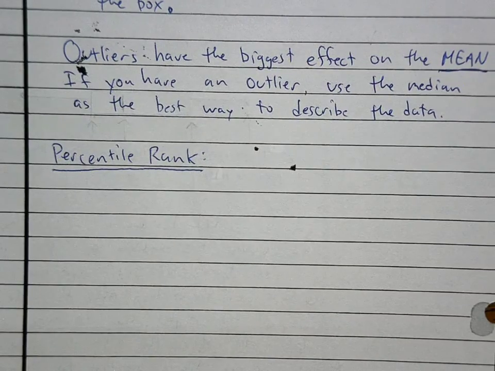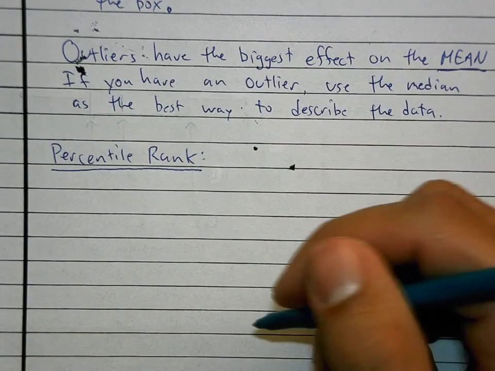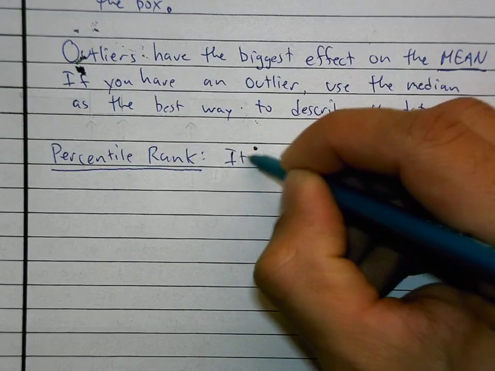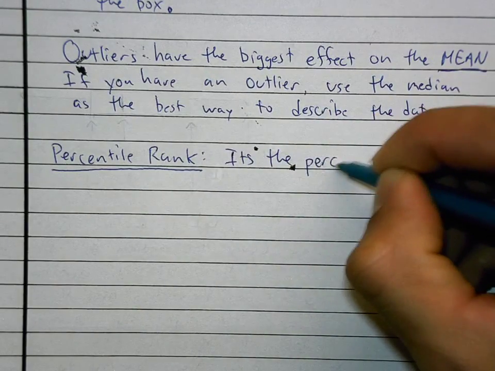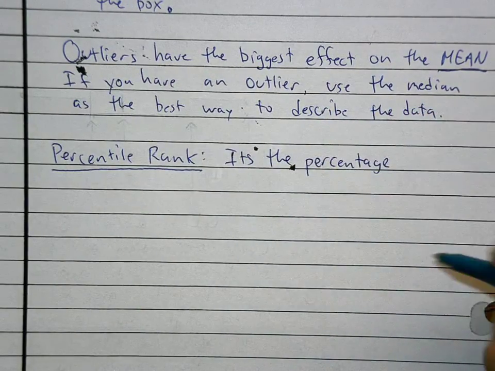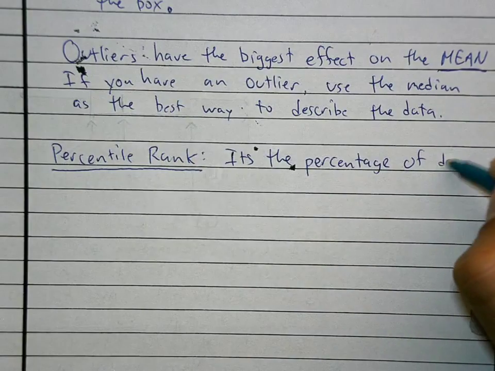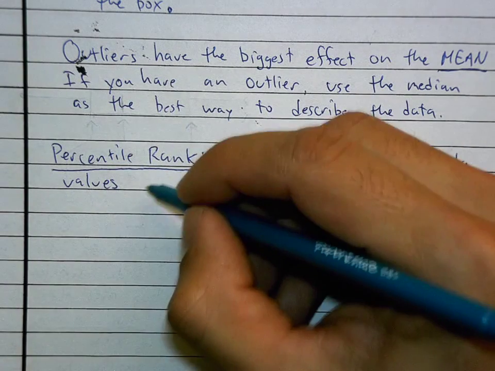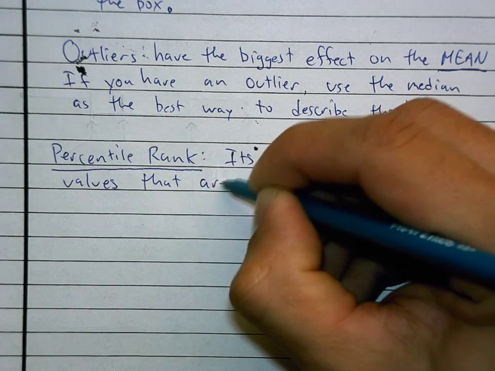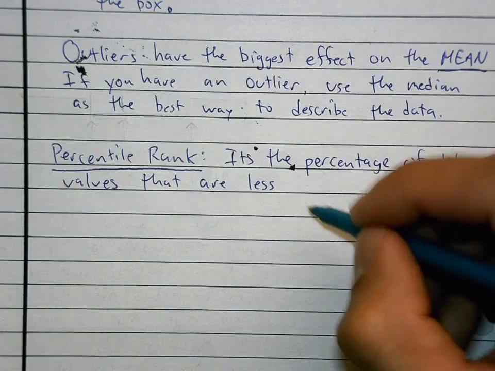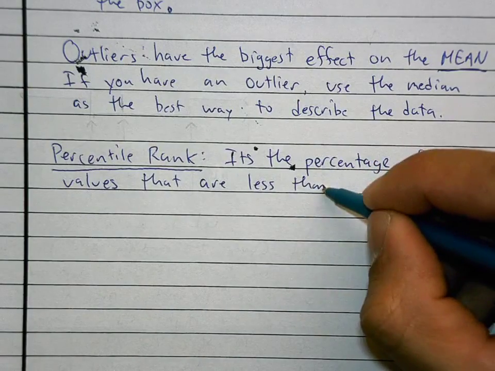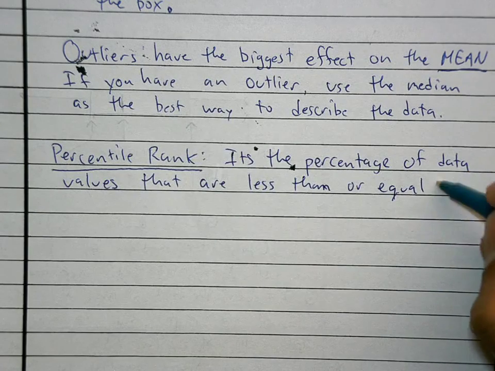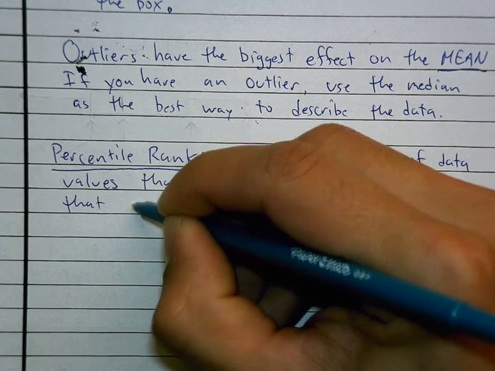Your percentile rank, the definition of it, it's the percentage of data values that are less than or equal to that value.